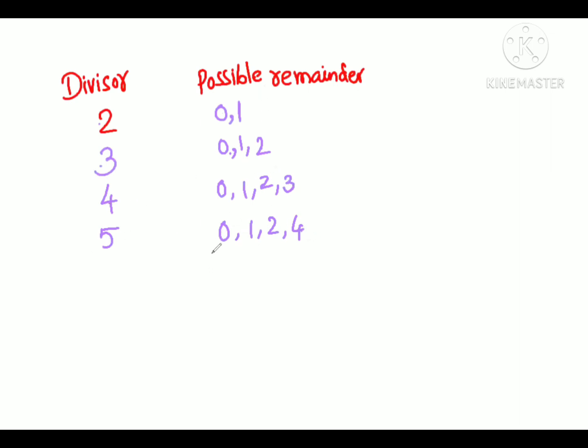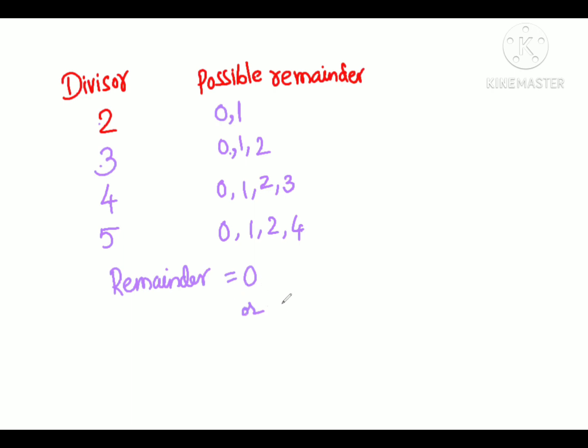Similarly, we can write remainder is equal to 0 or greater than 1. Remainders are 0 or greater than 1.